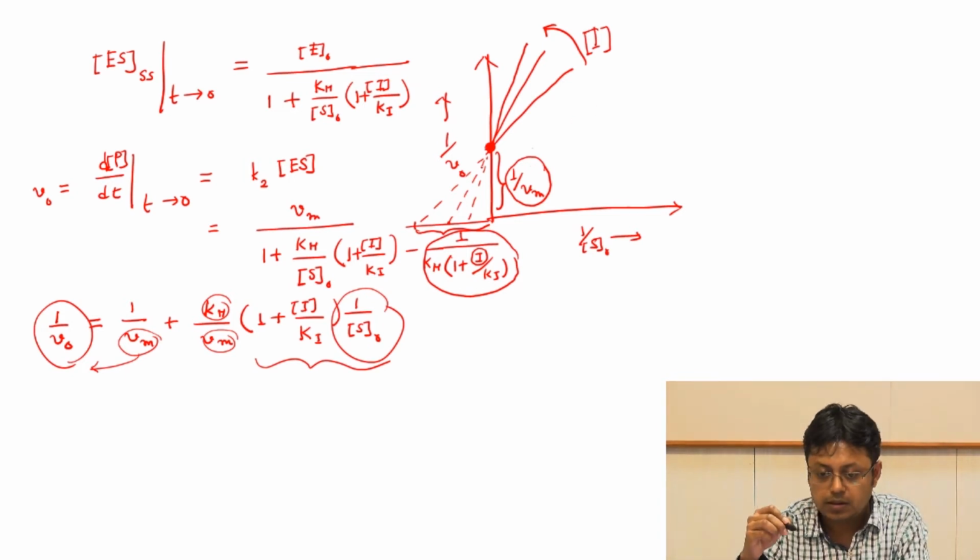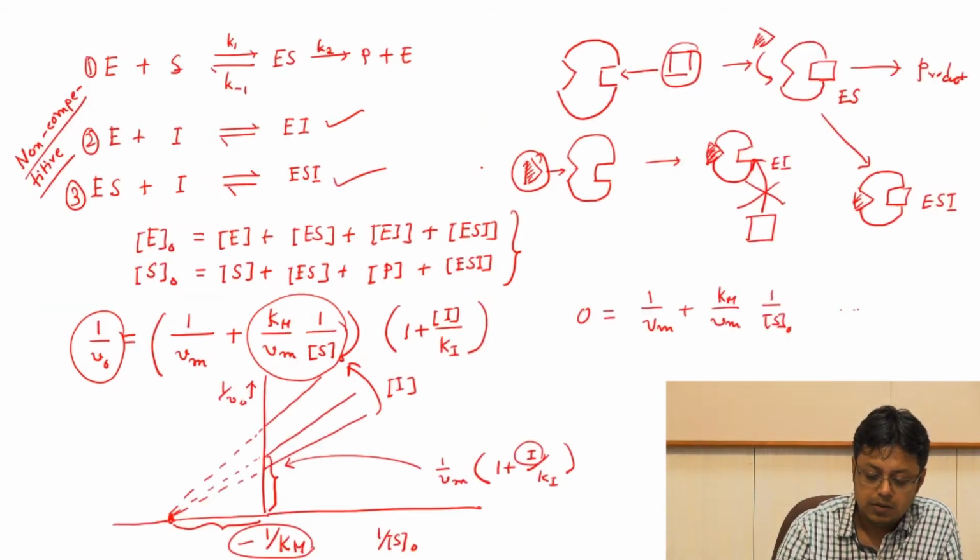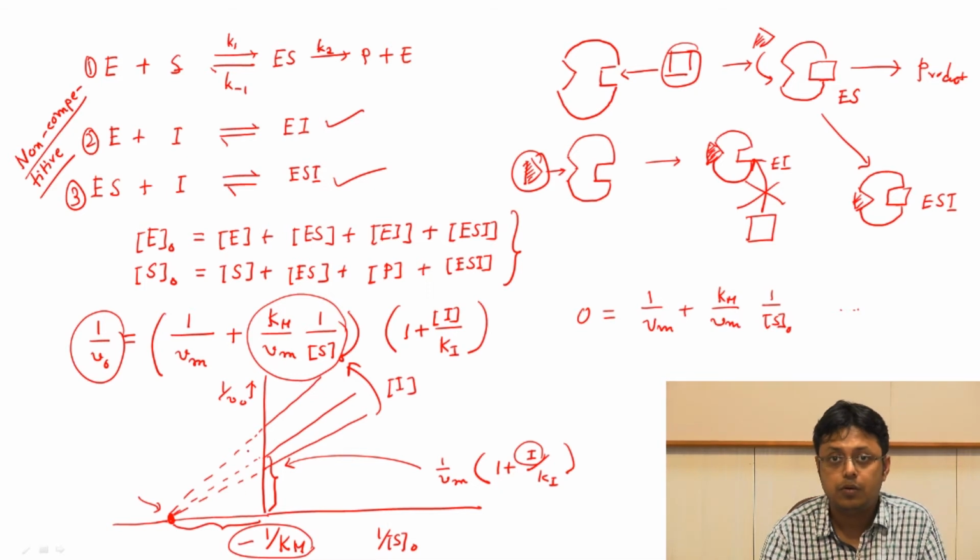However, the other situation is when we have the non-competitive inhibition, where the x-intercept is kept fixed. However, the y-intercept keeps on changing. We will have more and more y-intercept.